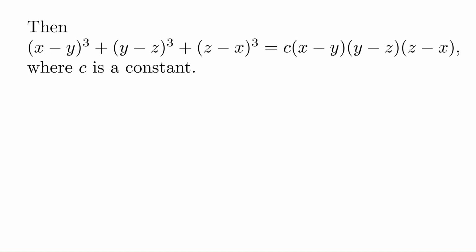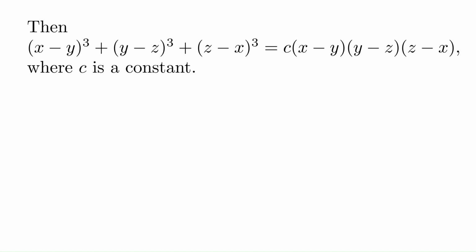Therefore, (x minus y) cubed plus (y minus z) cubed plus (z minus x) cubed equals (x minus y) times (y minus z) times (z minus x), three factors times a constant c. Notice that both sides are cubic polynomials, so the difference is just a constant.